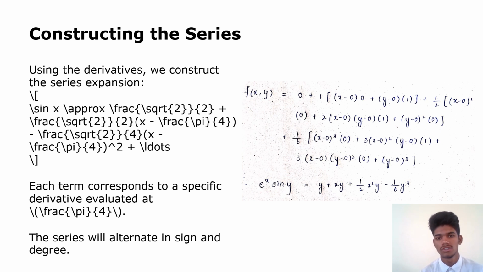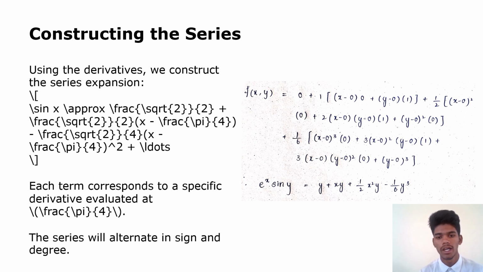f of x comma y is equal to 0 plus 1 into (x minus 0) into 0 plus (y minus 0) into 1 plus 1 by 2 of (x minus 0) whole square into 0 plus 2 into (x minus 0)(y minus 0) into 1 plus (y minus 0) whole square into 0 plus 1 by 6 (x minus 0) whole cube into 0 plus 3 of (x minus 0) whole square (y minus 0) into 1 plus 3 into (x minus 0)(y minus 0) whole square into 0 plus (y minus 0) whole cube.